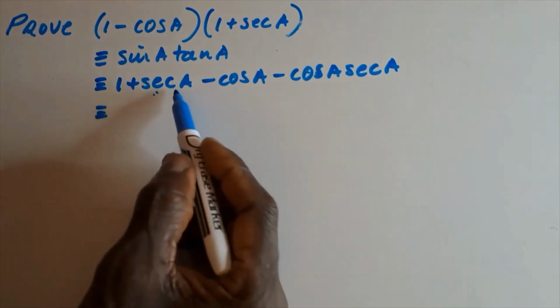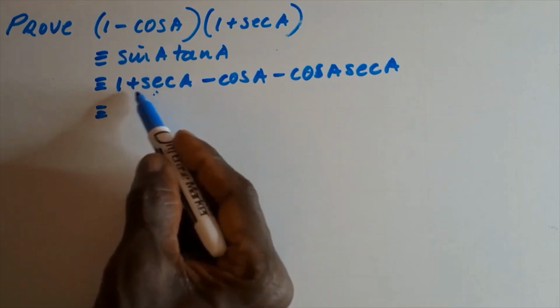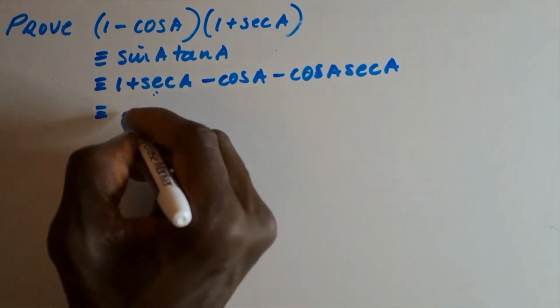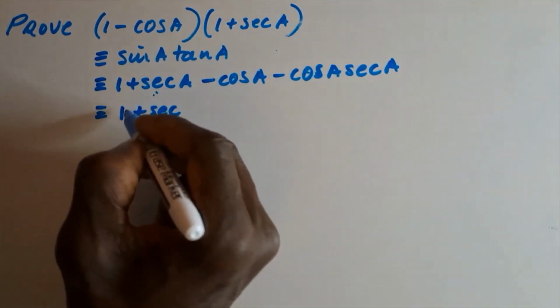If I simplify sec A here, I wouldn't be able to actually simplify this because I'll just have 1 over cosine A. So the aim here is to eliminate this constant 1.